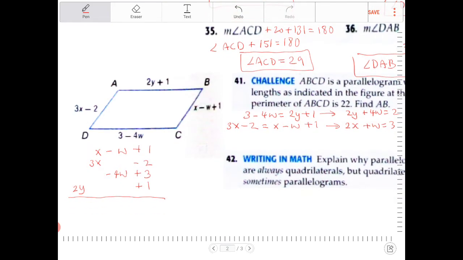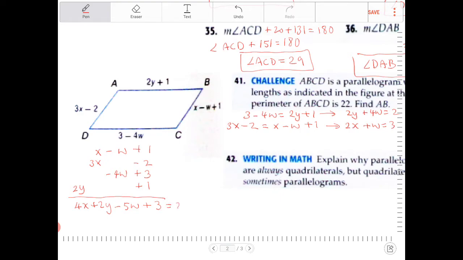If I add them all up, I'll end up with 4x plus 2y minus 5w, and adding the constants, 1 plus 3 plus 1 minus 2, so it's plus 3.